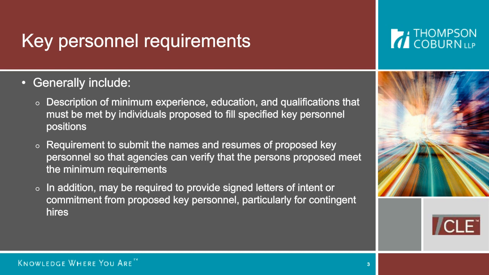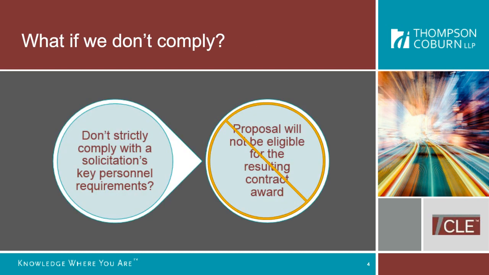You'll often see certification requirements, such as project management professional certification, or PMP. These are the typical kinds of things that you will see in the solicitation in terms of the minimum requirements for key personnel. So what happens if you don't strictly comply? Well, your proposal likely will be deemed ineligible for the resulting contract award, which obviously you do want to avoid.